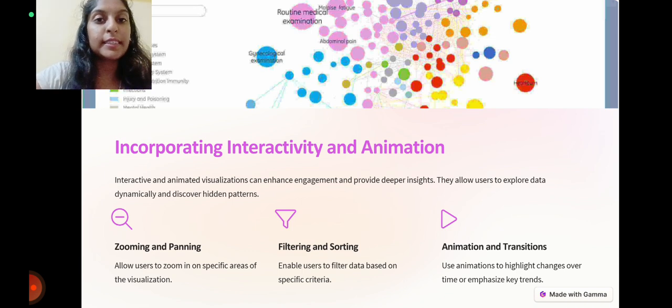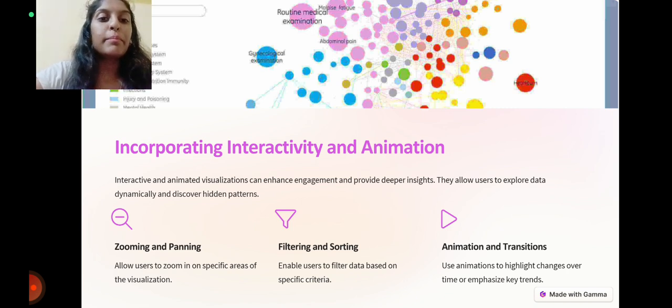Next, let's see incorporating interactivity and animation. Interactive and animated visualizations can enhance engagement and provide deeper insight. They allow users to explore data dynamically and discover hidden patterns.